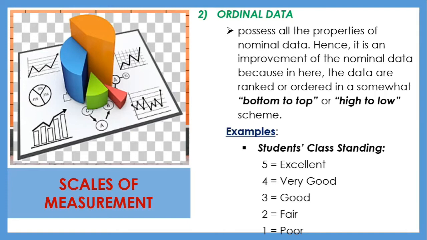So it's either bottom to up or high to low. Examples, students' class standing. So there is an order from a point scale of 1 to 5, where 5 is the highest and 1 is the lowest. So in this case, 5 is excellent, 4 is very good, 3 is good, 2 is fair, and 1 is poor. So we are just simply ordering our data.